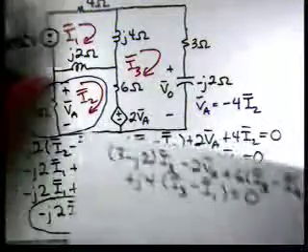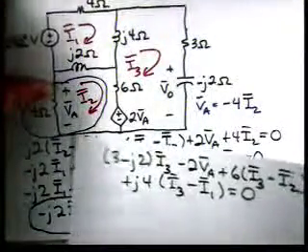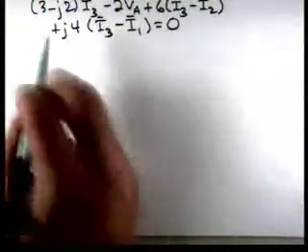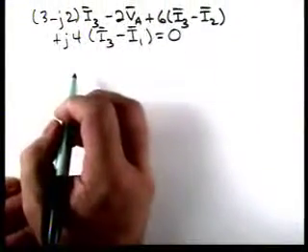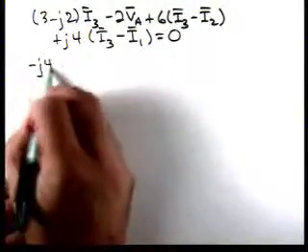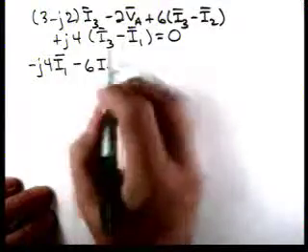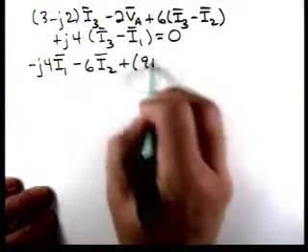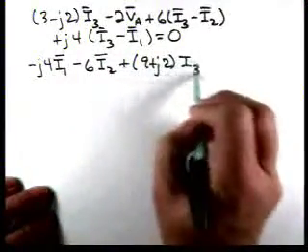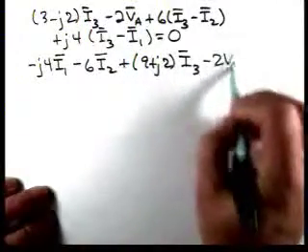Now if we go to simplify, we'll have minus J4 I1 minus 6 I2 plus (9 plus J2) I3 minus 2 VA equal to 0.